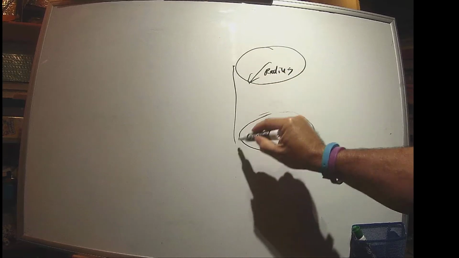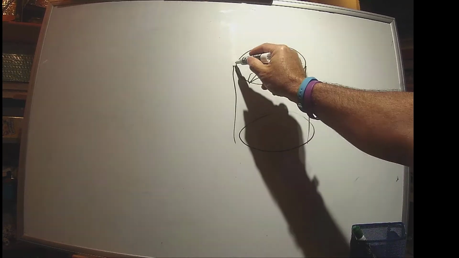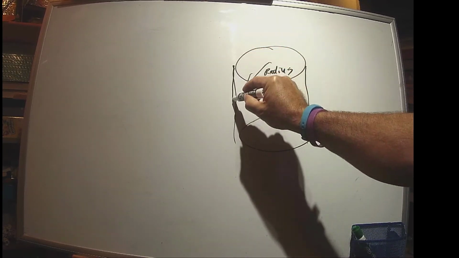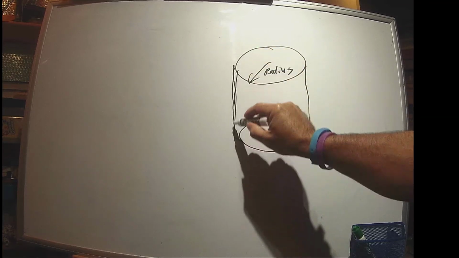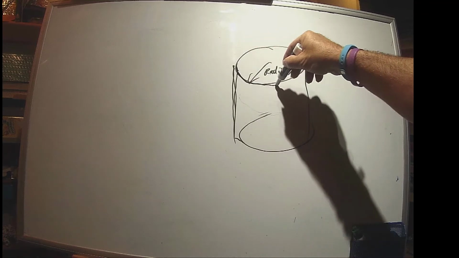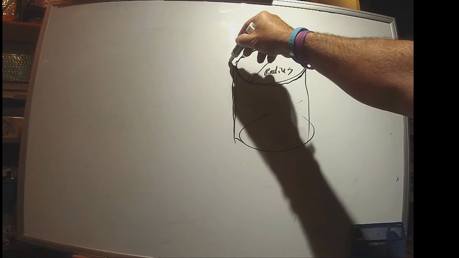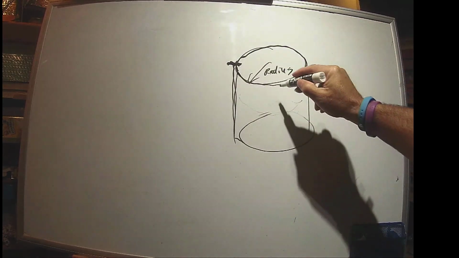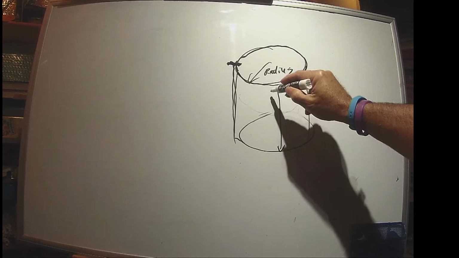And then you take this side piece, and if you just cut down and unwrap that side piece, the length is going to be the circumference of the circle, and the width is going to be the height.